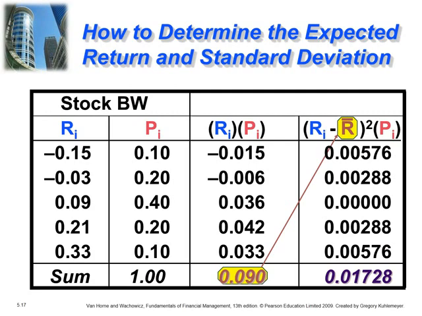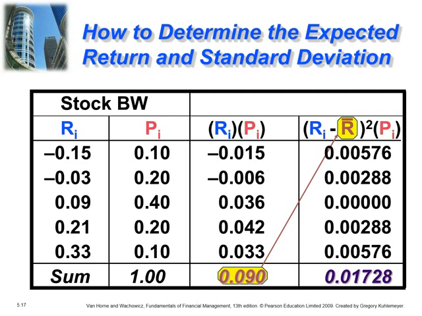The first number in the fourth column equals negative 0.15 minus 0.09 squared by 0.1. The second number in the fourth column equals negative 0.03 minus 0.09 squared by 0.2.